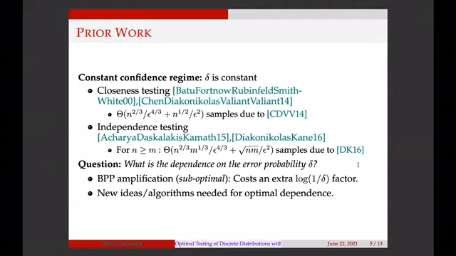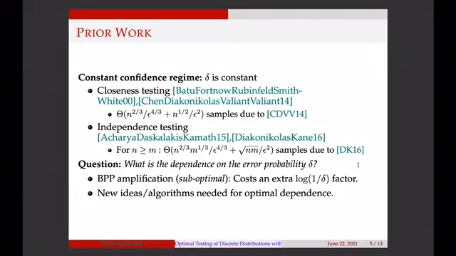In this case, the only thing that was known until recently is that we can use a technique reminiscent of BPP amplification, which is essentially that you repeat the test log 1 over delta many times, and using a majority vote, you can decide either to accept or reject, and the error probability of this is going to be delta if you have repeated log 1 over delta times.